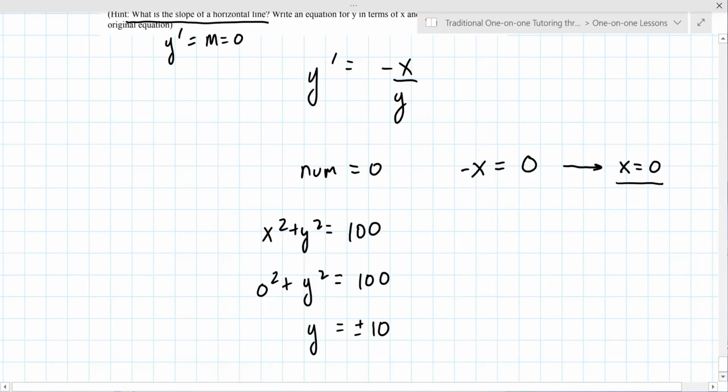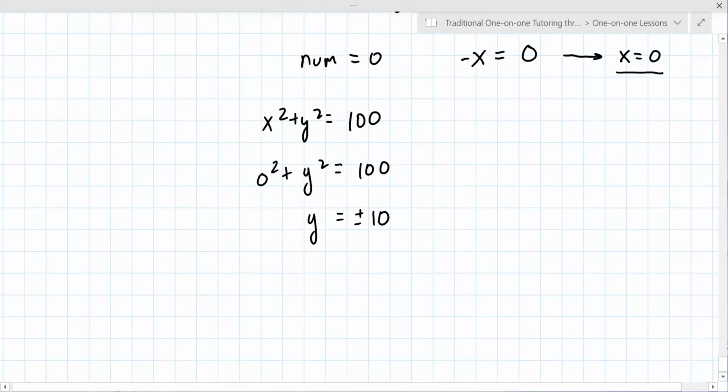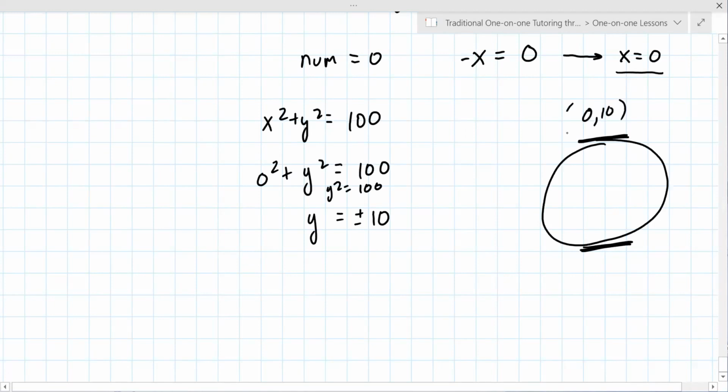So y squared equals 100. That's just the square root, so plus or minus 10, because remember, it's a circle, so it's got two spots. It's got this one up here and one down here. So that's 0 comma 10, and then 0 and negative 10. Okay.